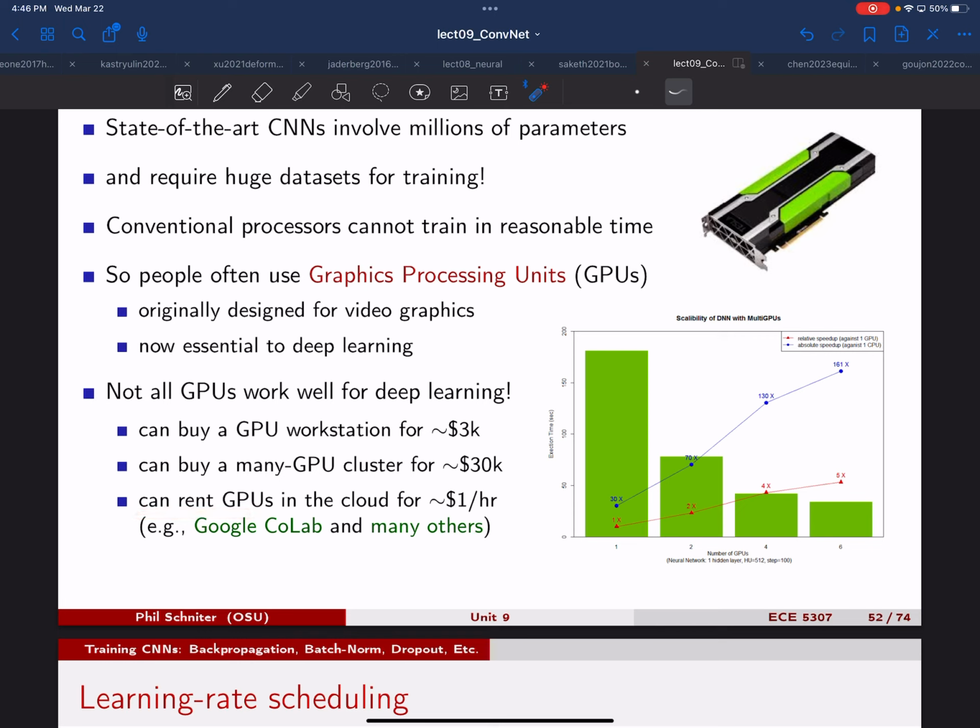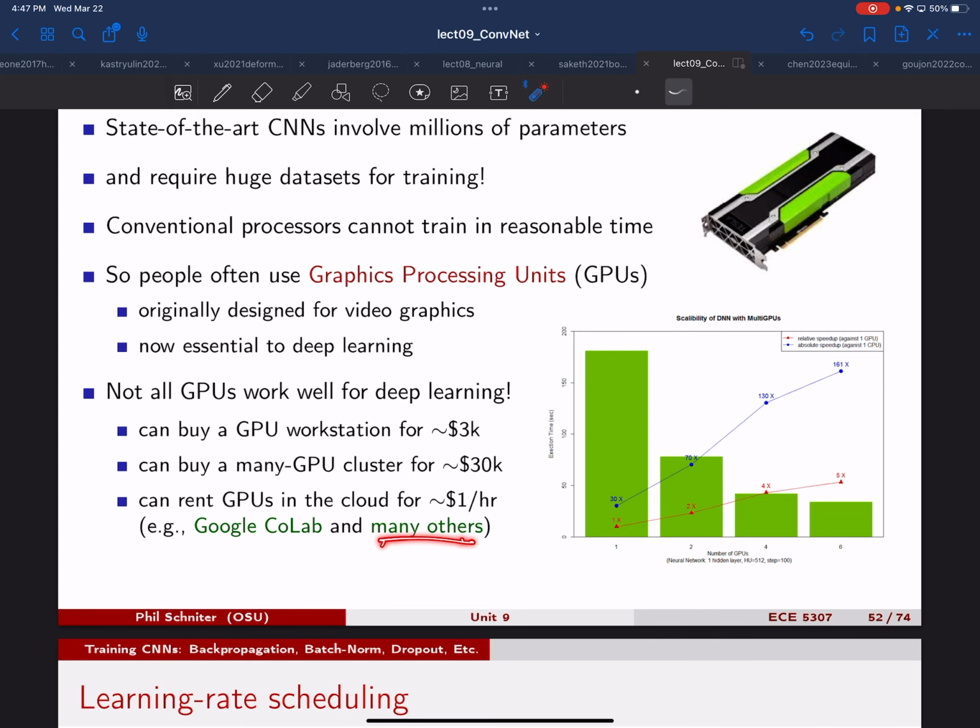Now, there's many different kinds of GPUs. If you rent a really fast one, it's going to cost a lot more per dollar than if you rent a slow one or an old one. So this number, $1 an hour, is very rough. I would say this is probably for a very fast one. You could probably do cheaper if you use a worse GPU. But there's many companies that allow you to do this, Google Colab, many others.